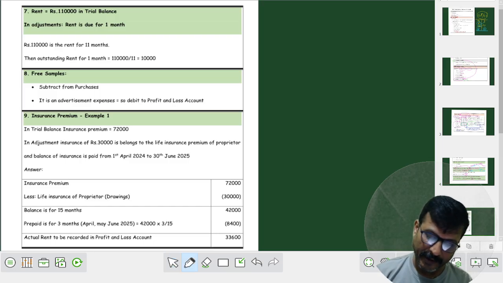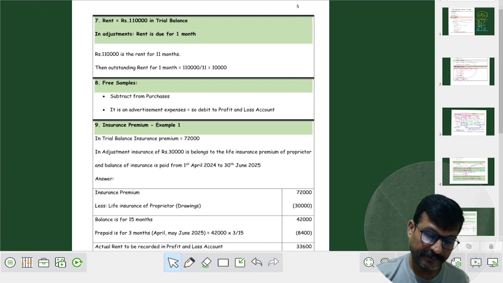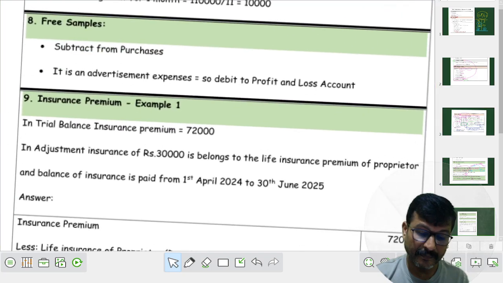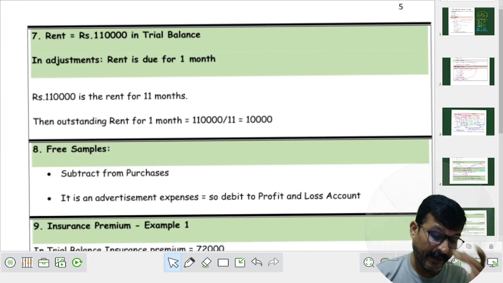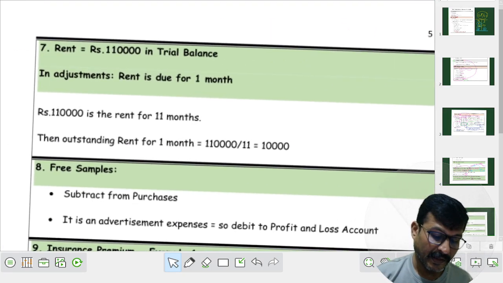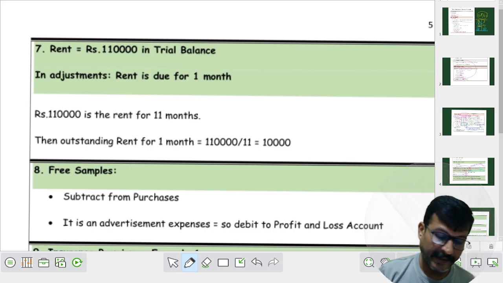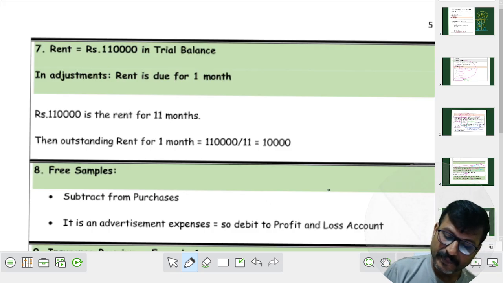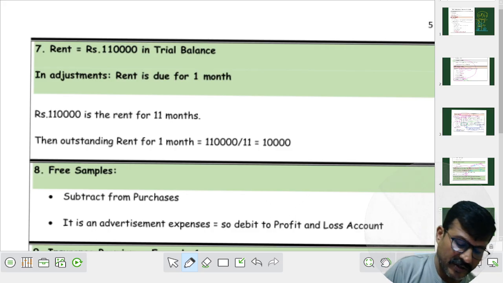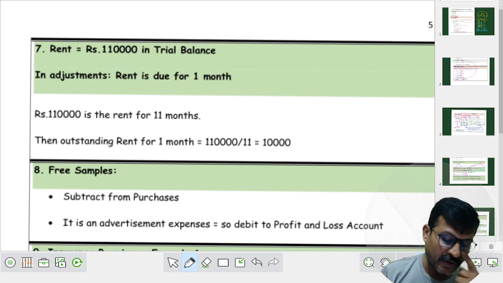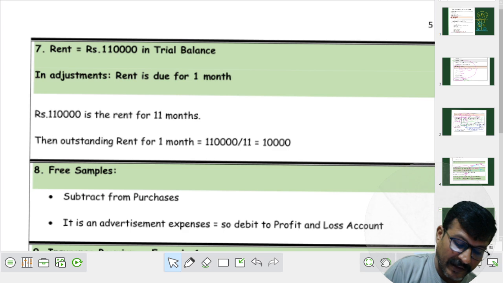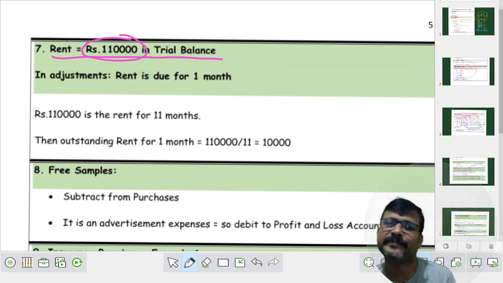See another important point here. Rent. How much rent is mentioned? Rent is mentioned as rupees 1,10,000, given in the trial balance.